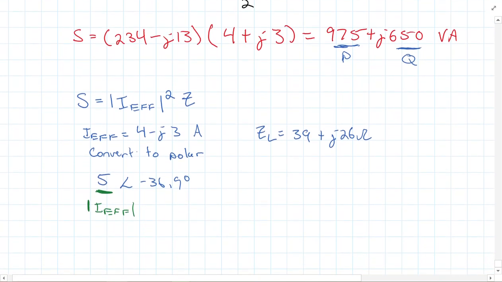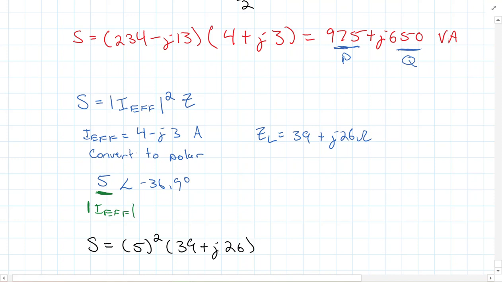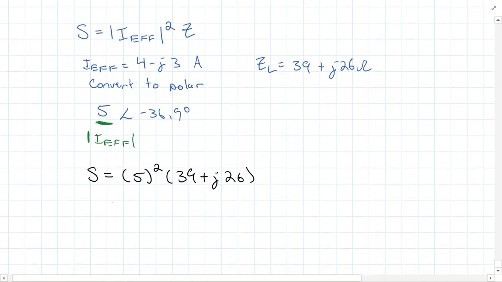Alright, so then this means, using all my equations here, that my complex power should be 5 squared times 39 plus J26. So let's see if we get the same answer.